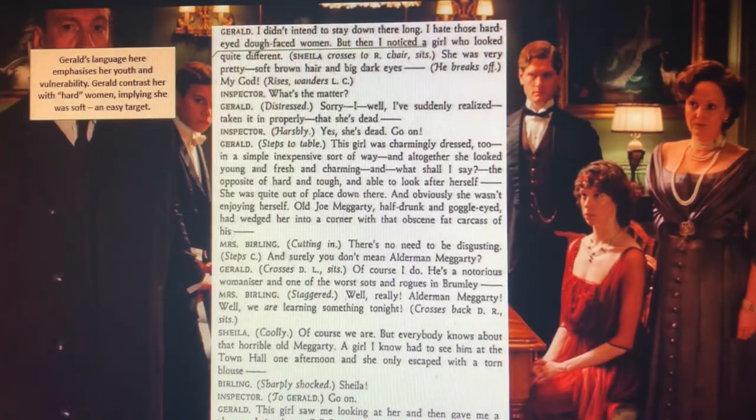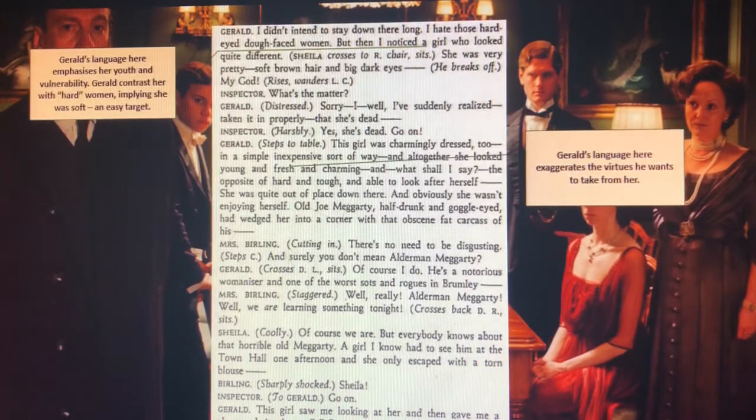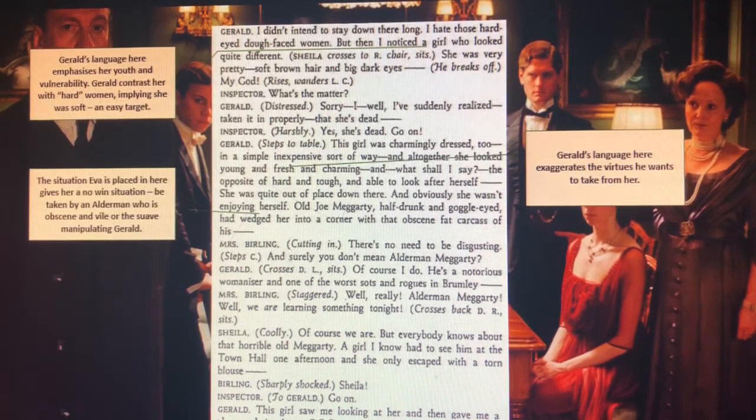Gerald's language here emphasises her youth and vulnerability. Gerald contrasts her with the hard women, implying she was soft, an easy target. Gerald's language here exaggerates the virtues he wants to take from her: youth, her freshness, and her charm. The situation Eva is placed in here, wedged into a corner between old Joe Meggerty and, of course, Gerald, gives her a no-win situation.